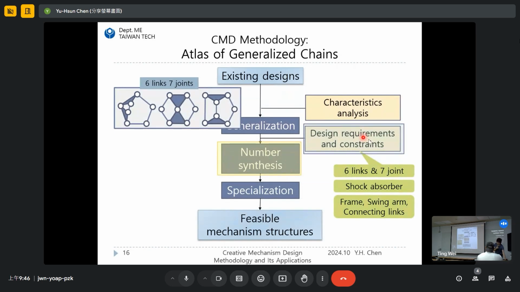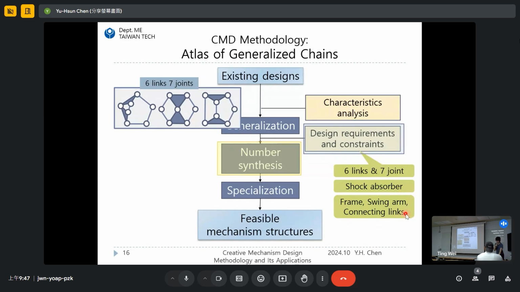Here we have the design requirements and constraints as we analyze, with 6 links and 7 joints. Over here we find all of the feasible atlases with that number of links and joints. And then we need a Shaka solver. Both the piston and cylinder should be links with only 2 joints. And then we have the other 3 types of links.